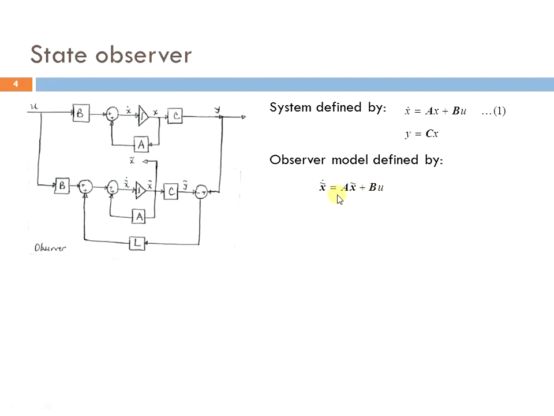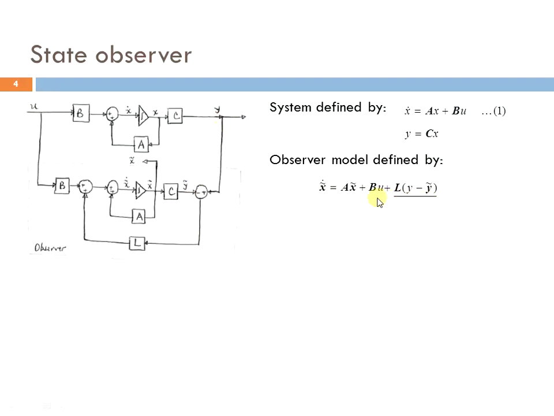Here the observer model uses x tilde to represent our state vector, so this x tilde corresponds to the observed state vector, and in line with what we have depicted in the block diagram, we've got an additional term that is derived from this comparison between the observed output and the measured one.